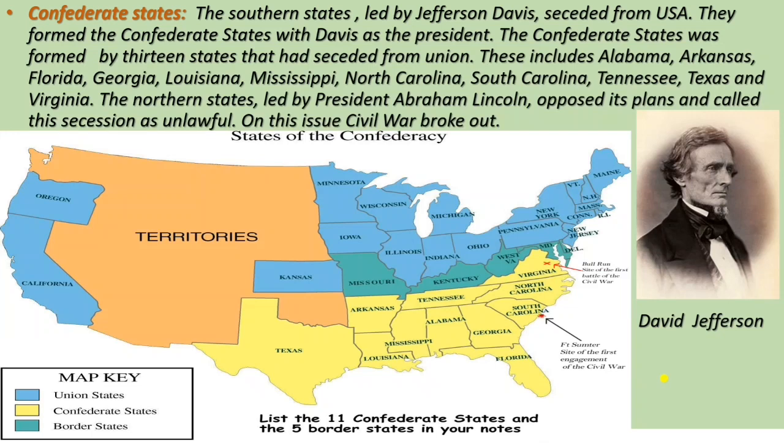Although Davis argued against secession in 1858, he believed that the states had an unquestionable right to leave the Union. Whereas the northern states, led by President Abraham Lincoln, opposed it, and he was in favor of abolishing slavery. So he opposed their secession and called it unlawful, and on this issue the Civil War broke out.